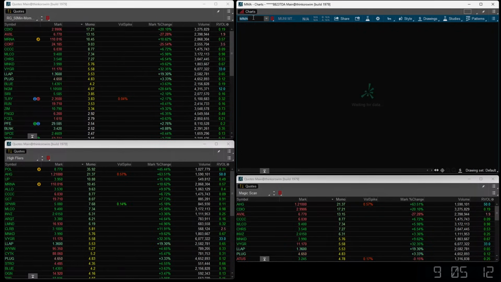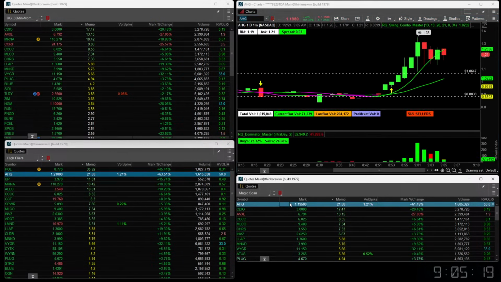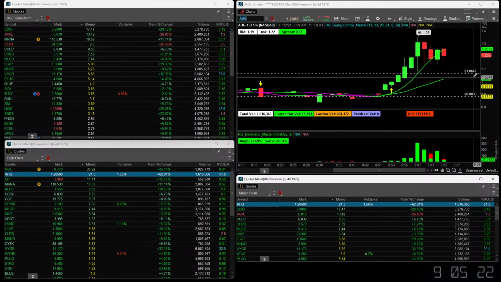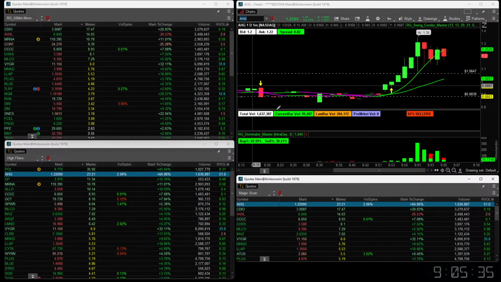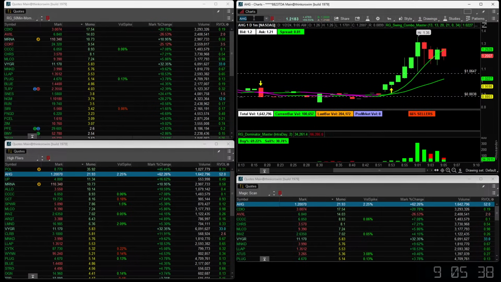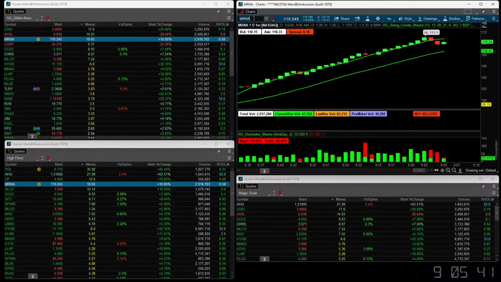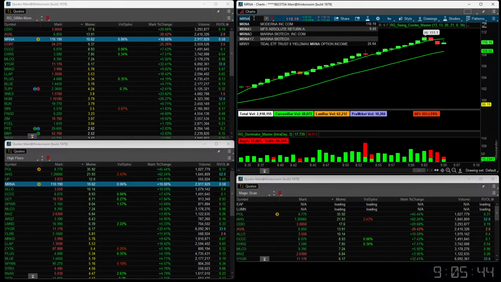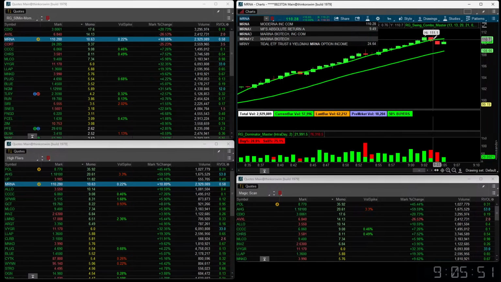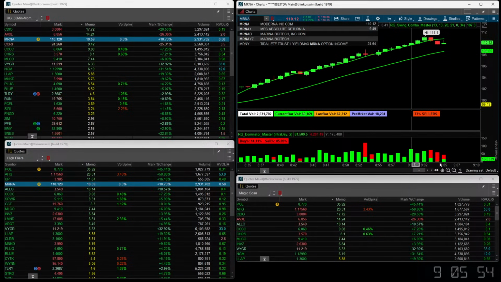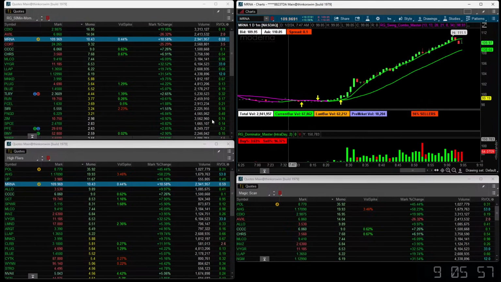You must have missed a letter there. mRNA, that makes sense. mRNA is over here in high flyers, so that's why it's doing the slow crawl with these little red candles. They back out a little bit so we can see a little more. There you go.